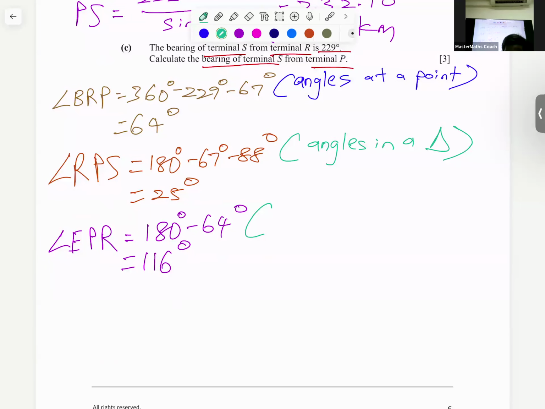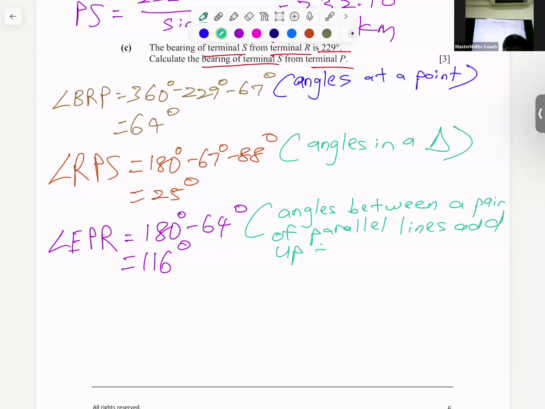This will be angles between a pair of parallel lines add up to 180 degrees.